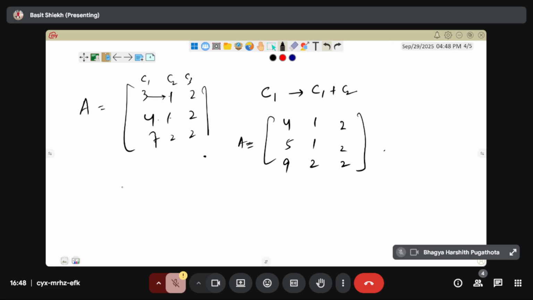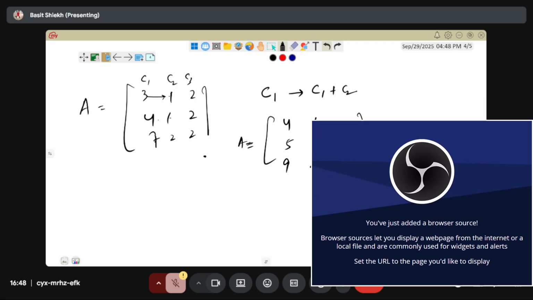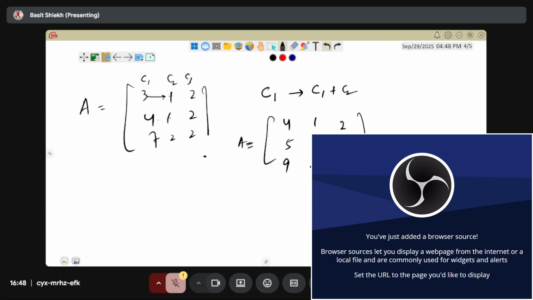Now we have an equivalent matrix. Two matrices are said to be equivalent if their order is the same. Otherwise we can say two matrices A and B of the same order are called equivalent matrices if one of the matrices is obtained by the elementary row or column transformation from the first.